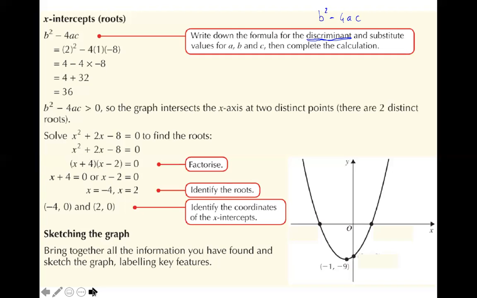We've got our turning point, we've got our y-intercept, and we've got our 2 roots. That means you can sketch your graph with 4 points.